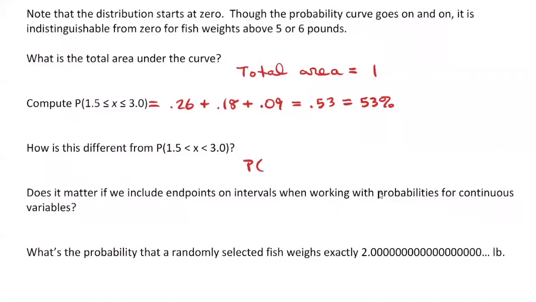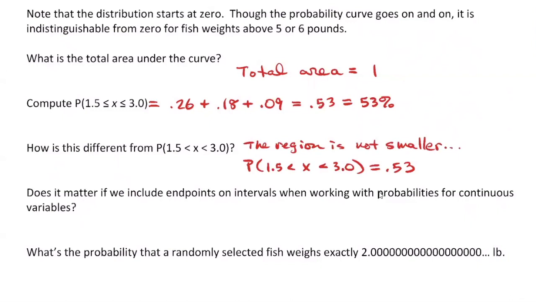And I'll just do it this way. Probability 1.5 less than x less than 3.0, which is 0.53. So the region is not smaller. So the probability does not change. So the question below is, does it matter if we include endpoints on intervals when working with probabilities for continuous variables?